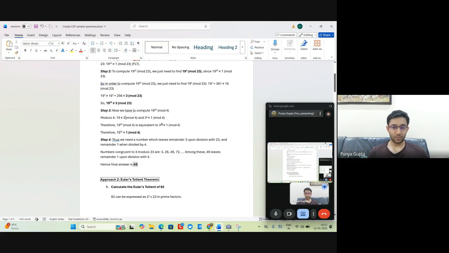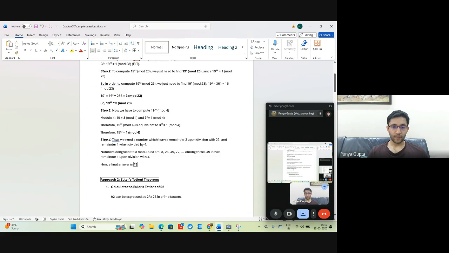And 3 raised to the power 92 will always give us a remainder of 1 upon division with 4, because 3 square gives us remainder of 1, so 3 raised to the power 92 will also give us remainder of 1. So this helps us to conclude that 19 raised to the power 92 will also give us the remainder of 1 upon division with 4.